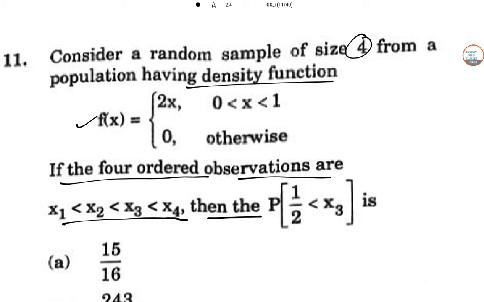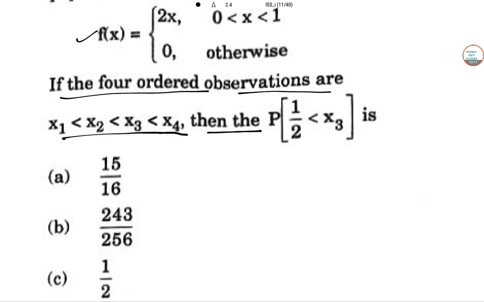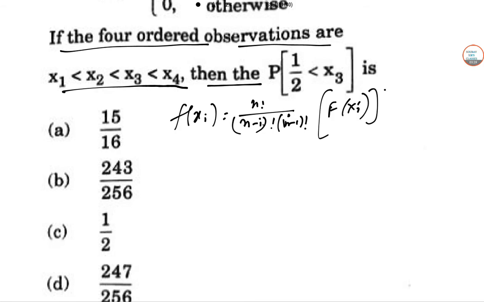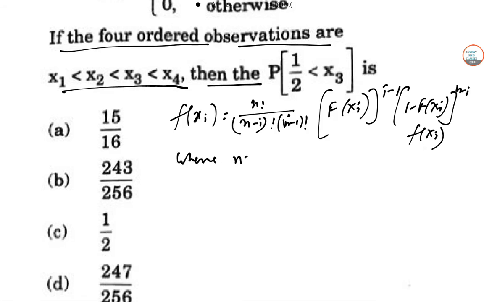So this is f of x, with these two parts 2x and so on. The density of the i-th order statistic is n factorial over (n minus i) factorial and (i minus 1) factorial, into F of x_i to the power i minus 1, 1 minus F of x_i to the power n minus i, into f of x_i, where n equals 4 and i equals 3.